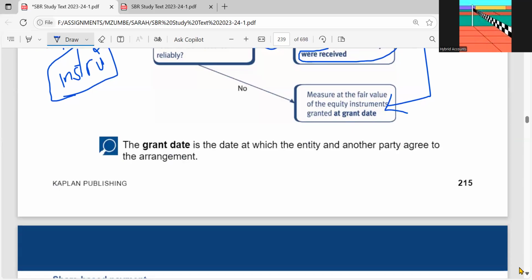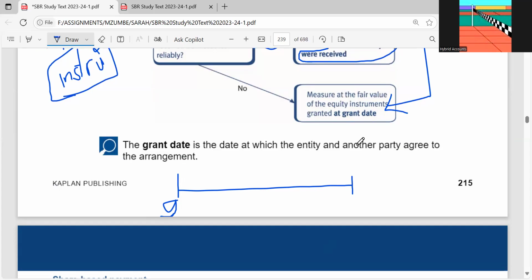Okay. The grant date. What is the grant date now? You know, when we do studies, there is a point of starting, the period of completion, and the end date, right? So the point of starting we call the grant date, the date of entering an agreement. The grant date is the date at which the entity and another party agree to the arrangement, let's say an entity and the employees, or the entity and other providers of goods or services.